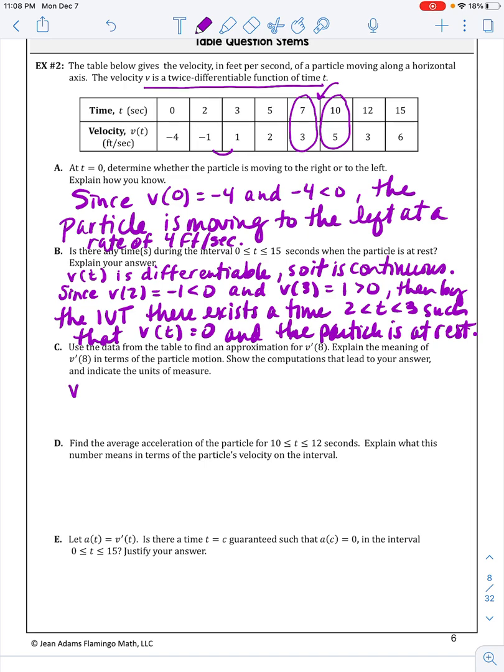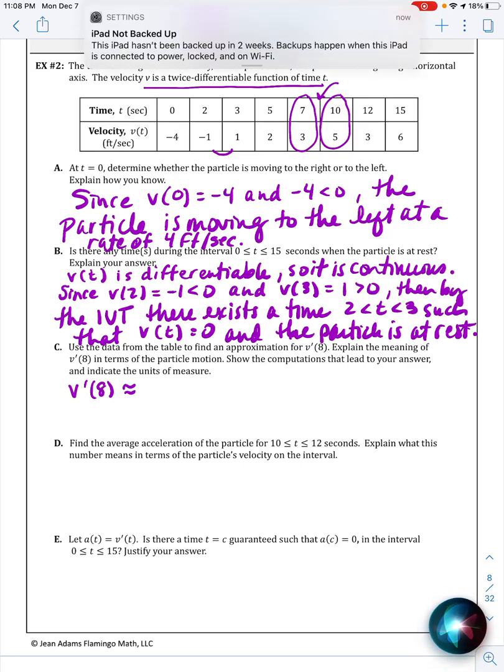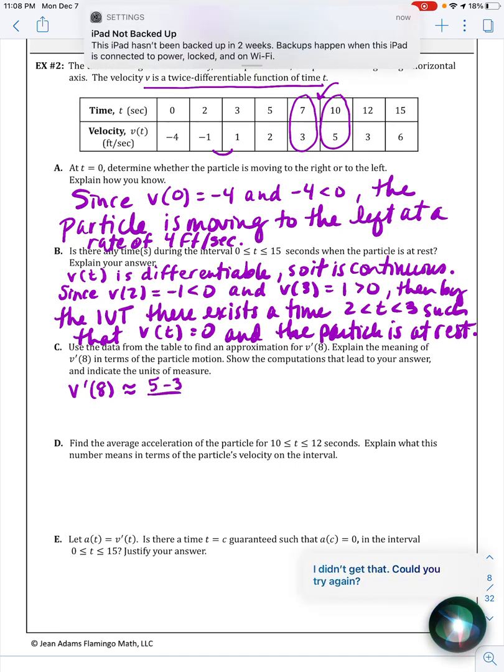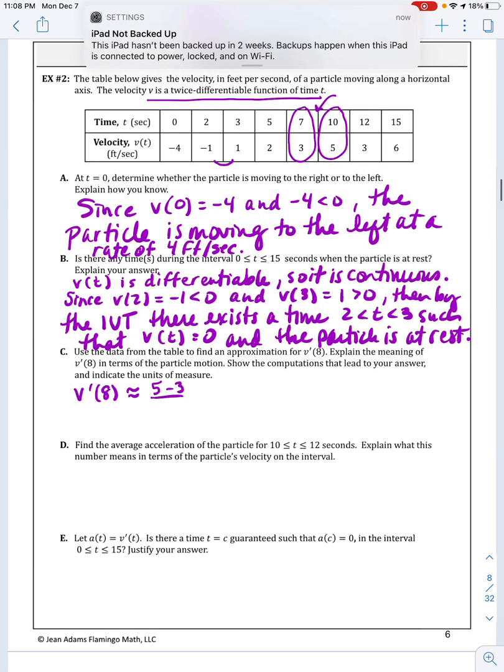So we say that v prime of 8 is approximately equal to 5 minus 3 over 10 minus 7.